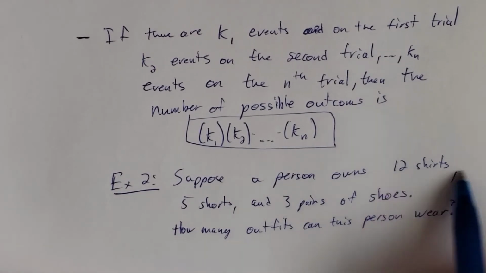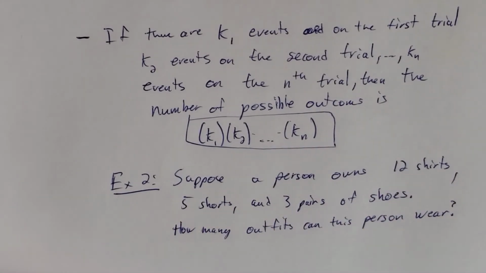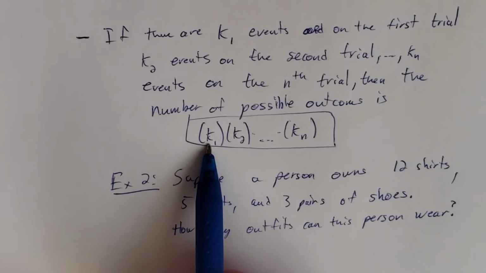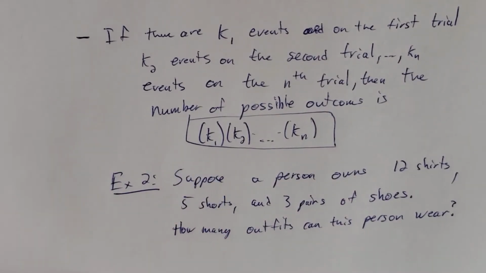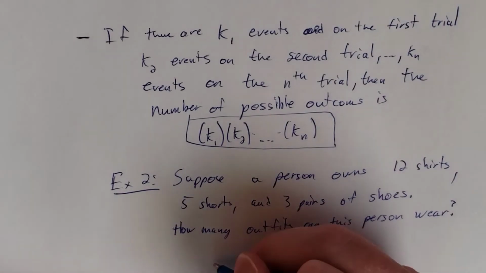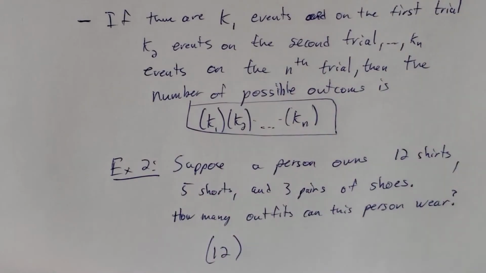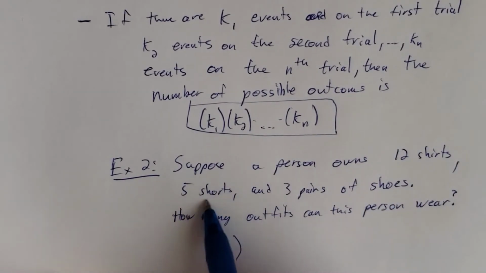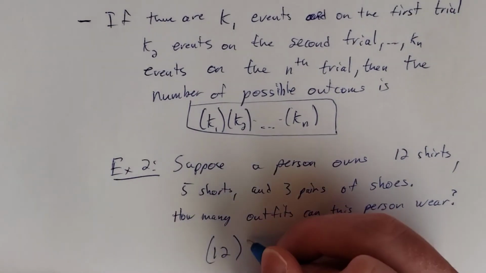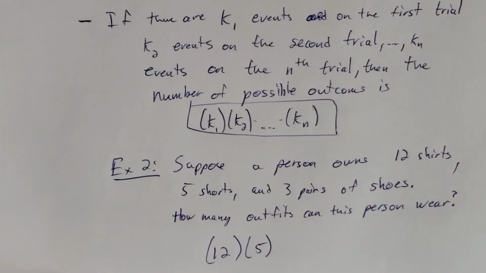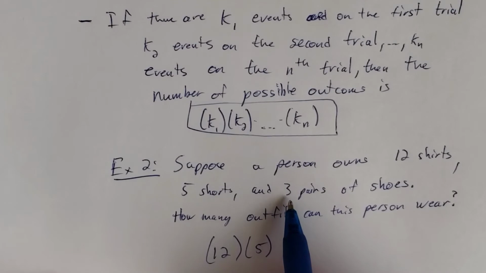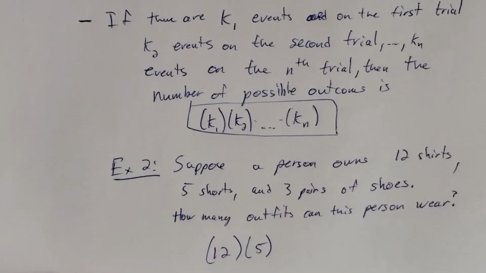Given just this selection, what do we have? We have 12 shirts, so in our first event, we have 12 different things we could choose. The second event is how many shorts we can choose, and we have 5 different shorts. The third event is a selection from 3 pairs of shoes.